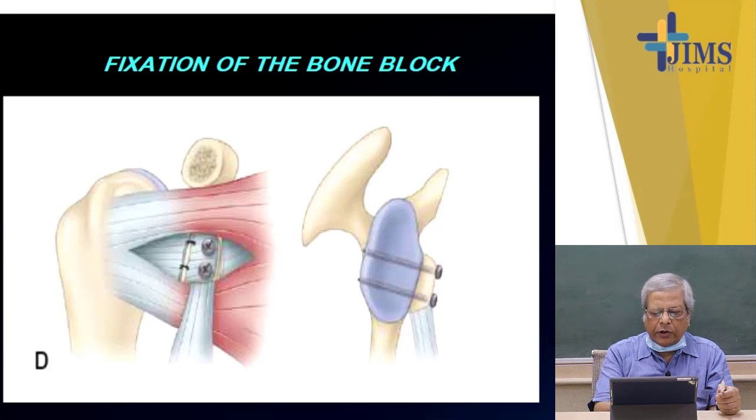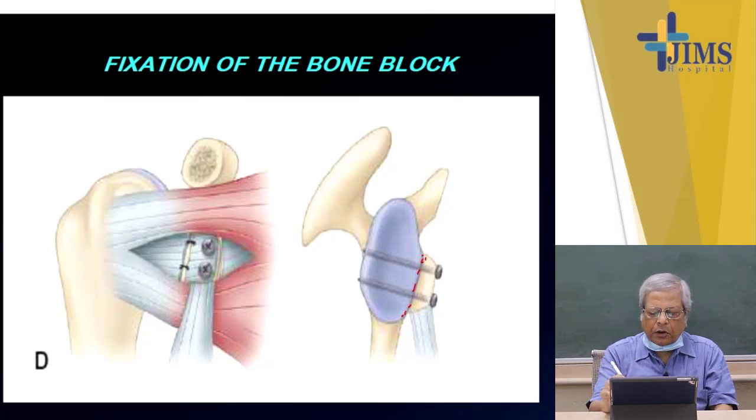Now, this coracoid process, the same steps. Subscapularis is split apart, capsule is rent. Then you can see nicely here, this coracoid bone block is placed here. So this part is deepened. When the humeral head tends to come out, this puts a block.